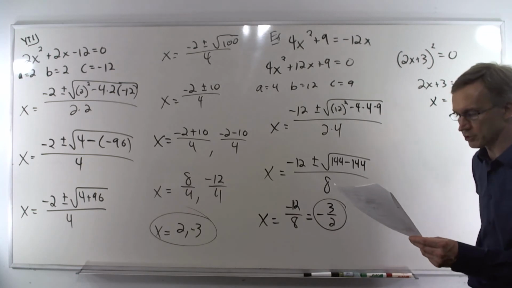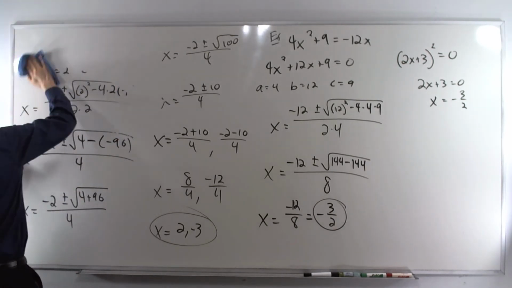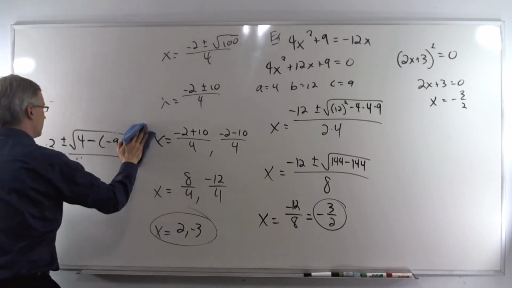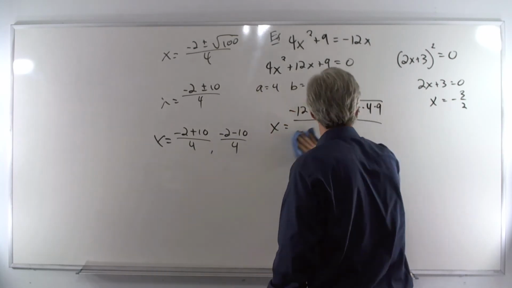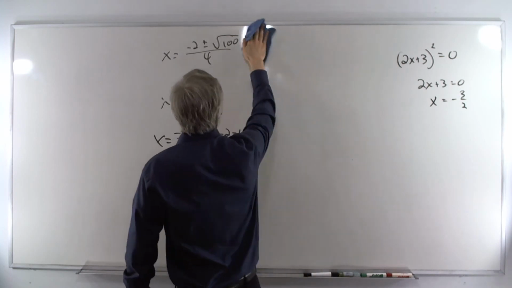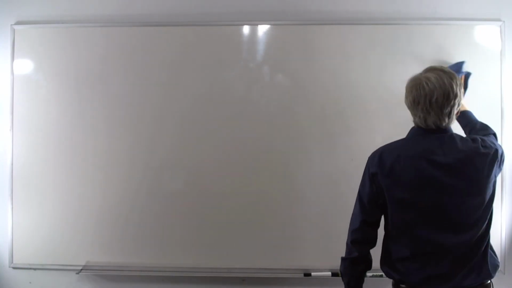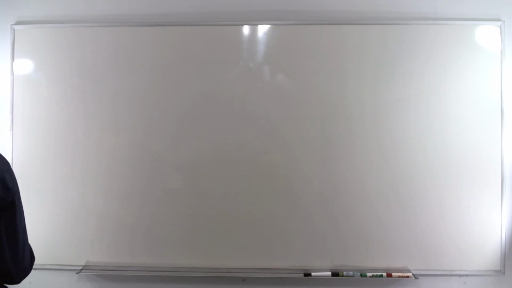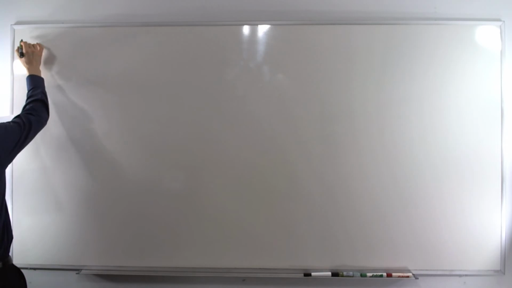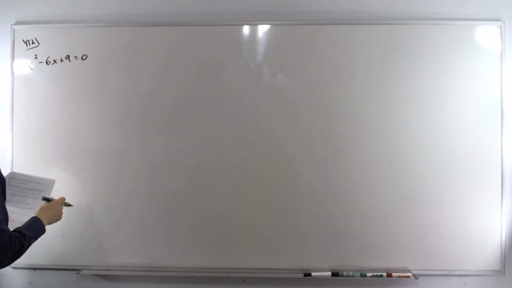That brings us to your turn, number 2, x squared minus 6x plus 9. All right, so we're starting off in standard form.